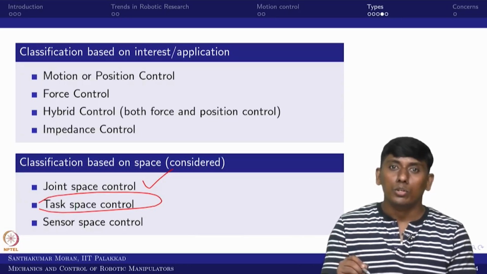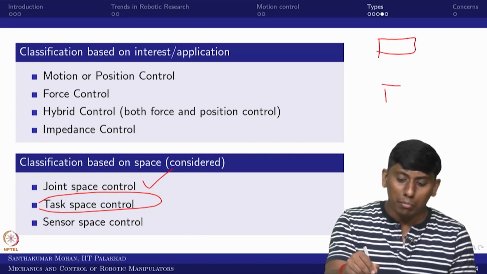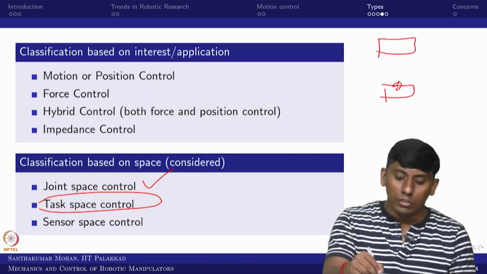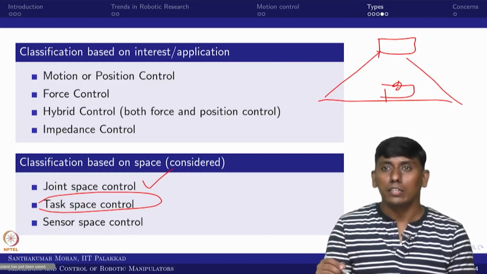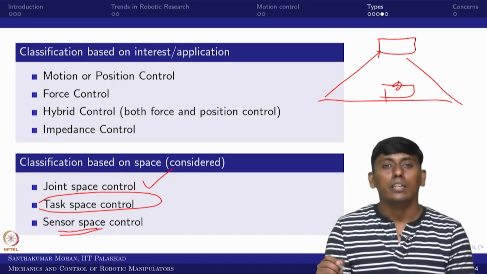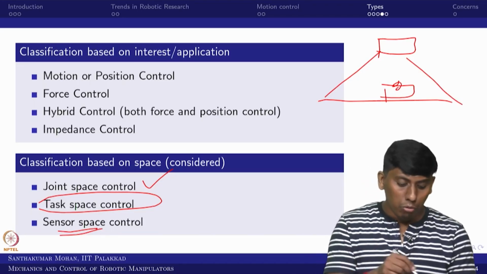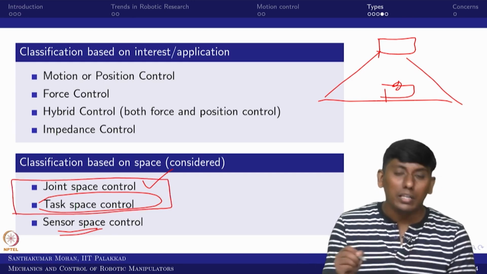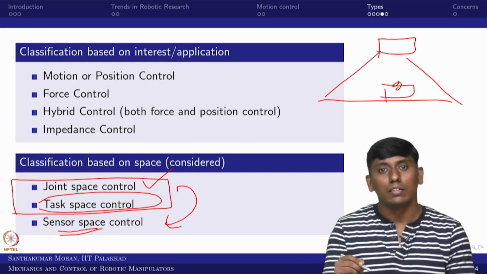In this case you have, for example, a camera put on top, but your manipulator is working somewhere here. Based on this, I can modify all the desired things. That is what you call sensory task space, and people simply call it sensor space control. In olden days we called only task space and joint space. Now the modern community has brought in the sensory task space.